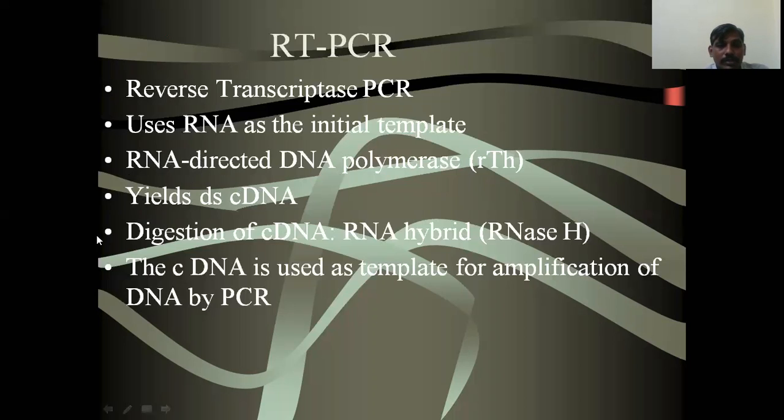In the second step, the cDNA and RNA hybrid is digested. One strand is RNA, another strand is cDNA. After digestion of the RNA molecule with the help of RNase H enzyme, the cDNA is used as a template for amplification of DNA by common PCR. So first of all, we isolate the RNA.